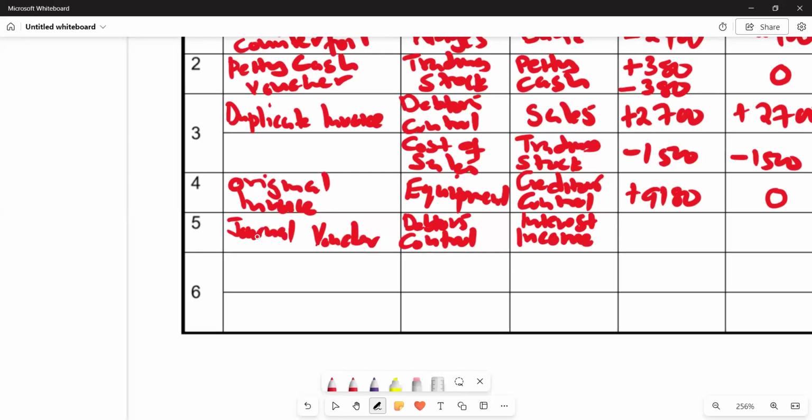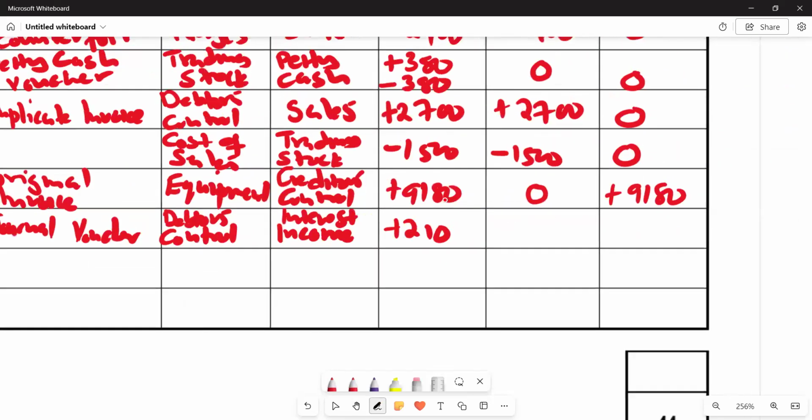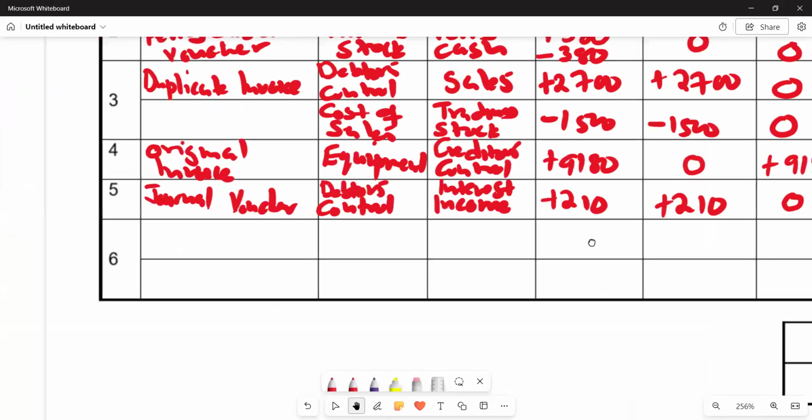And then on the amount, remember, the amount that we got is 210. When we debit debtors control, it's an asset, it's going to be plus 210. And interest income, we adjusted under other income in the income statement, so it's going to increase our net profit, so it's going to increase also our owner's equity. So it's a plus 210 on owner's equity again. So this is what we have. Then we don't have any effect on liabilities, so we are going to put a 0. Then we go to the last one.